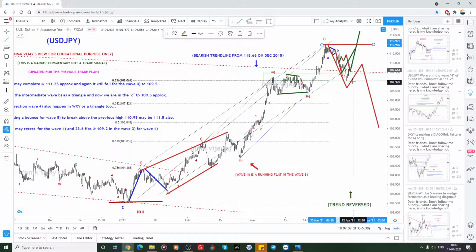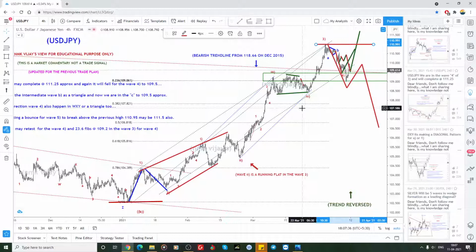Otherwise, if it is again struggling to make one more new high, and it is coming down to this region of 106.8 before it breaks this high, then we need to change this as 1 2 3 4 5.